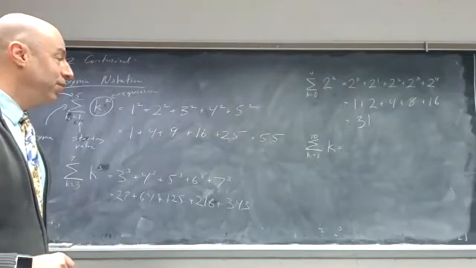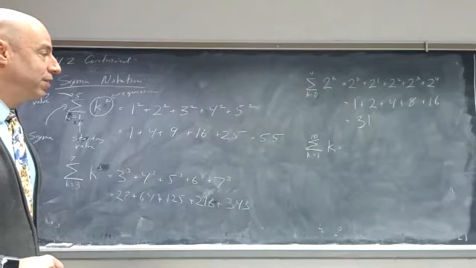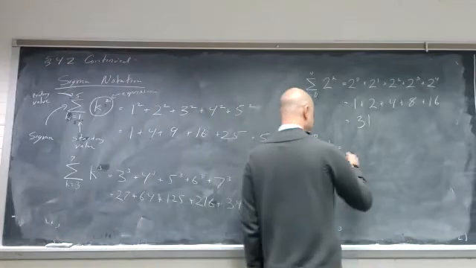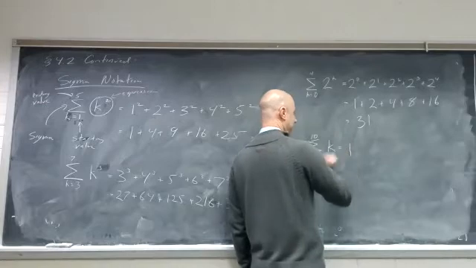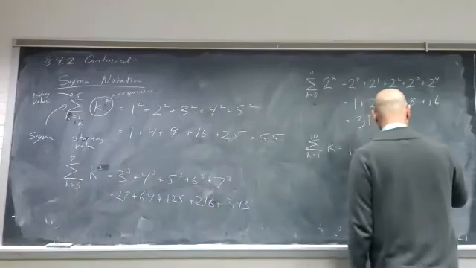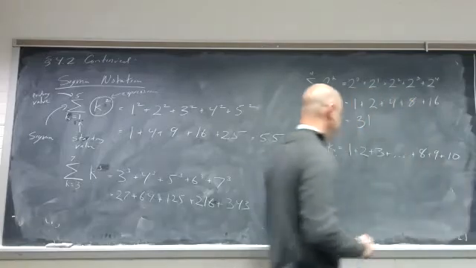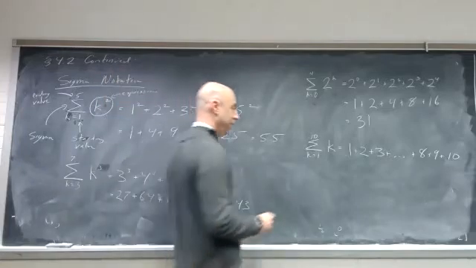This one has more terms. Start at 1. We just write the number itself, not K to anything. It's just K. 1 plus 2 plus 3 plus all the way up to 10. Then stop. And if you add up all the numbers between 1 and 10, I think you get 55.